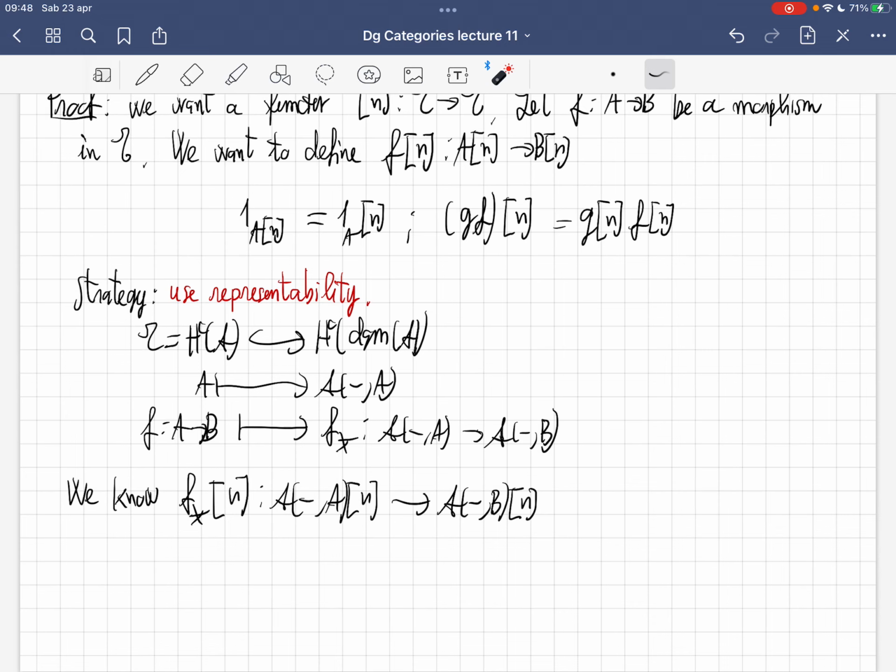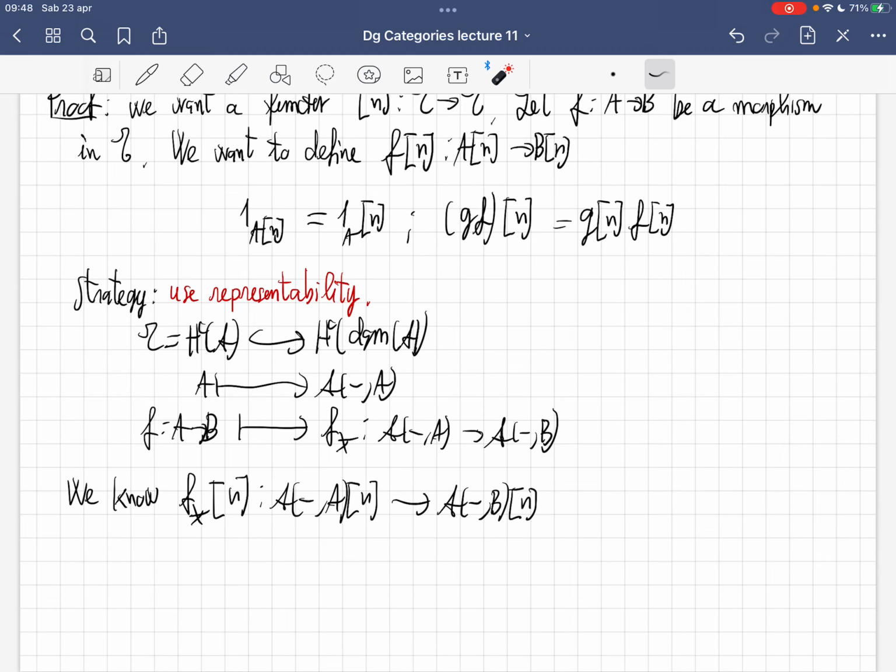And same thing here, but since you're shifting with the same n here and here, the shift of this morphism is just the morphism itself, but with shifted degrees.